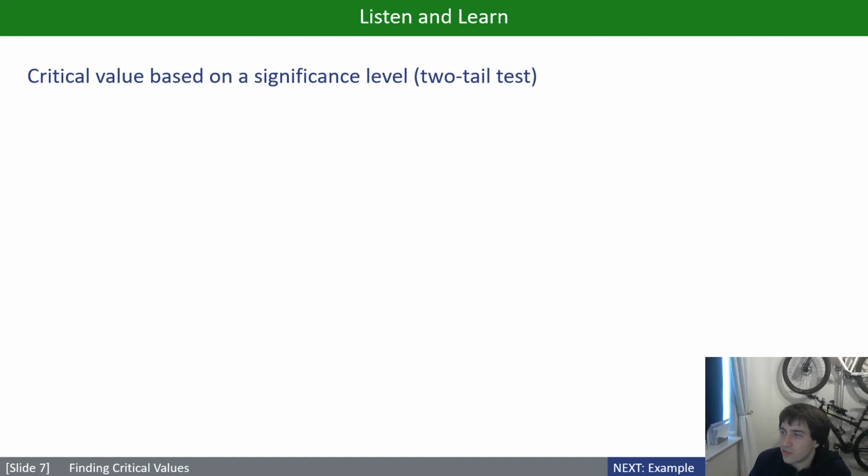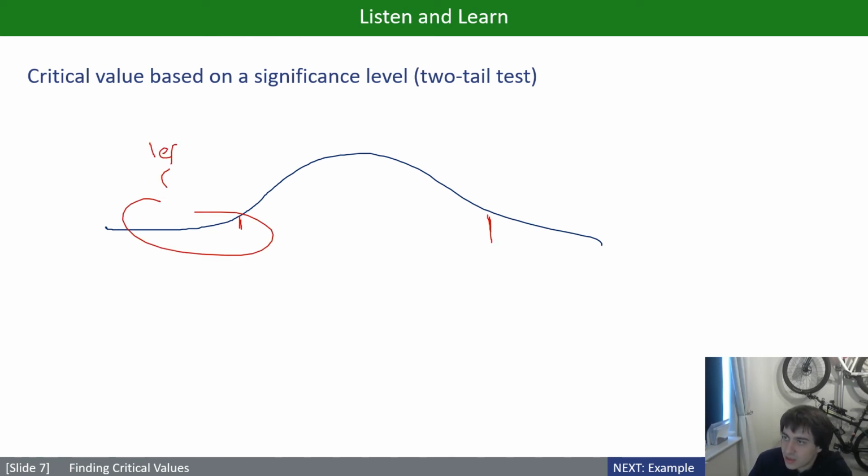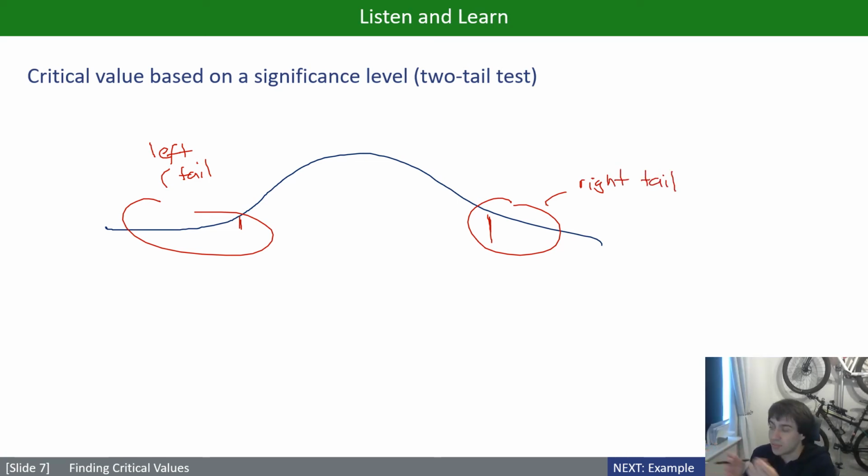Or let's visualize it first. So in a two-tailed test, remember our tails are effectively this part here, the left tail, and this part here, the right tail. Remember this sketch refers to a real thing.